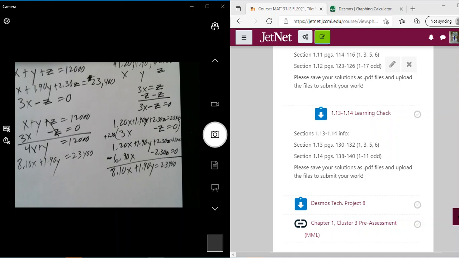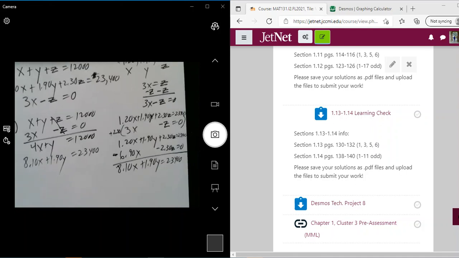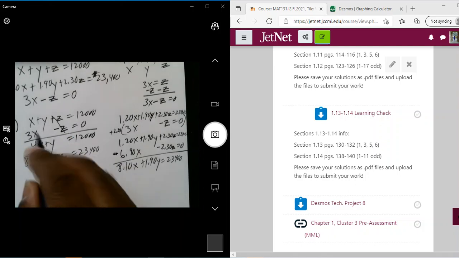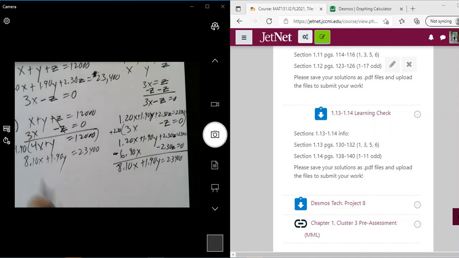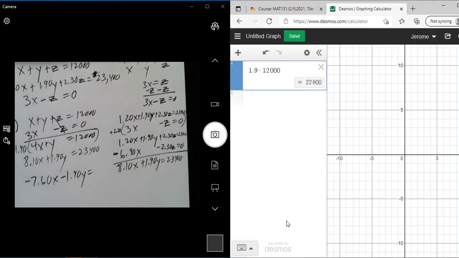Now, we need to get rid of one of these variables here. I would think we would get rid of the Y, because all we would have to do is multiply the top by negative 1.90. So this will give us a negative 7.60X minus 1.90Y is equal to negative 22,800.